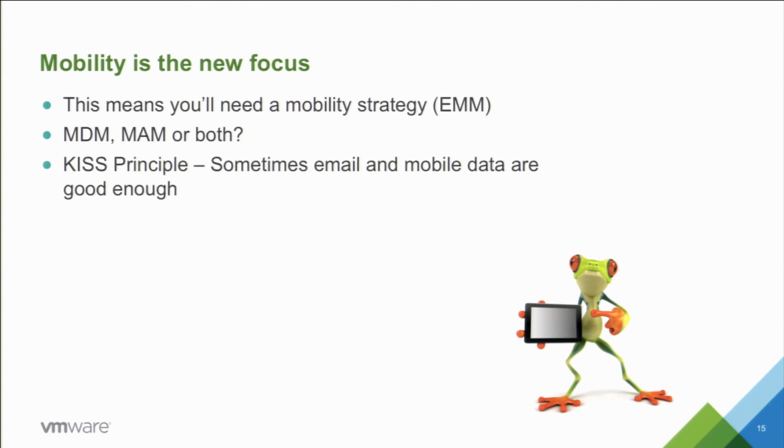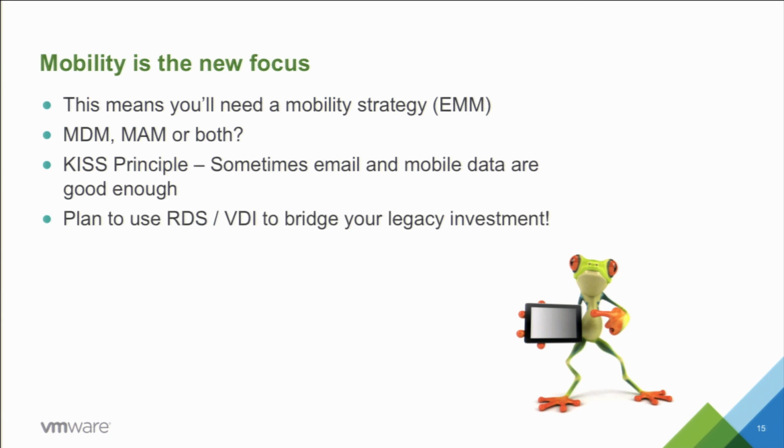So I always say if you don't have a mobility strategy today, sometimes use the KISS principle. Sometimes just email and mobile data is good enough for your users. You don't have to go crazy developing a complete EMM strategy for some very simple use cases. Email and data is sometimes just enough. Now, plan to use terminal services or RDSH or VDI to bridge your legacy investment.